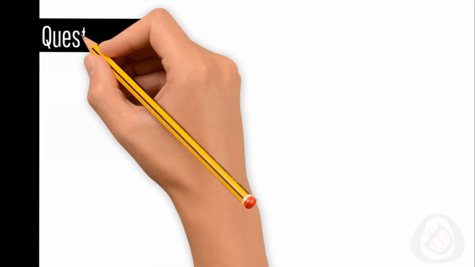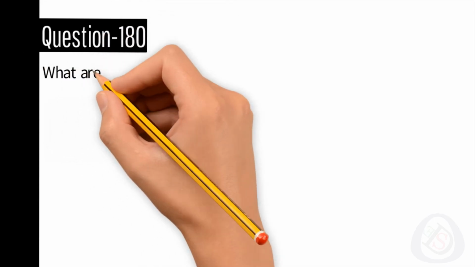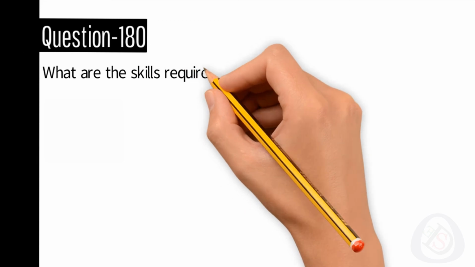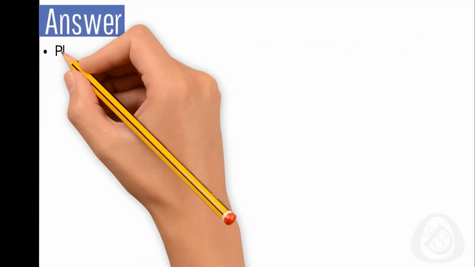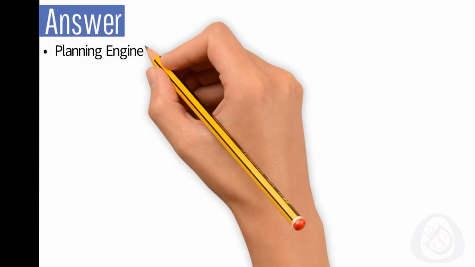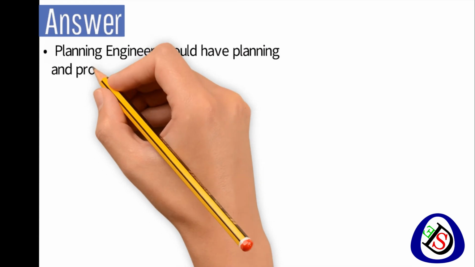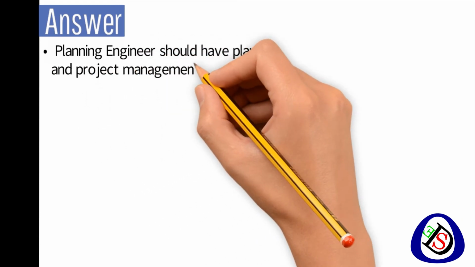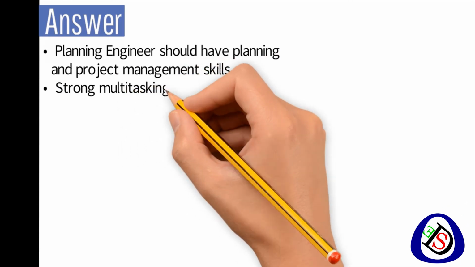Question number 180. What are the skills required for a planning engineer? Answer. Number 1, planning and project management skills. Number 2, strong multitasking abilities.